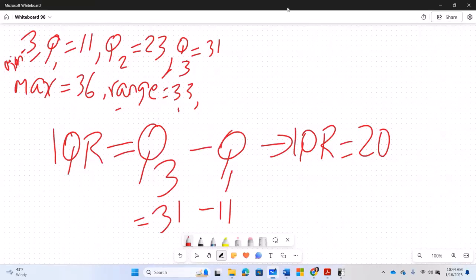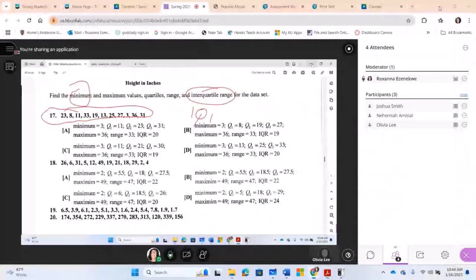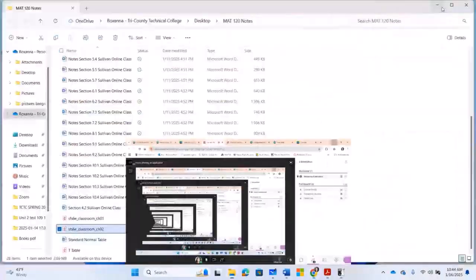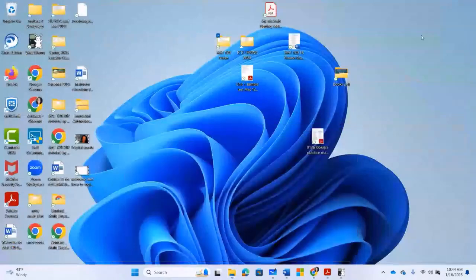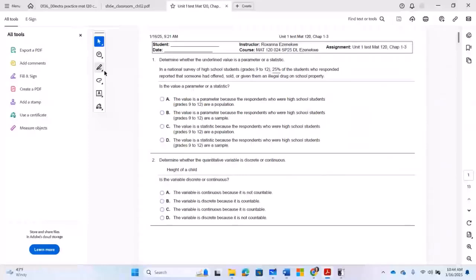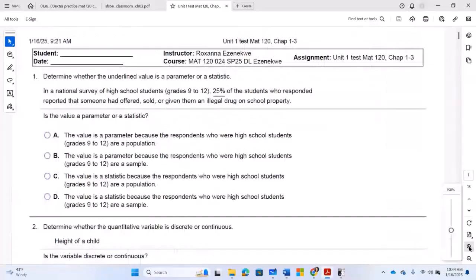By the way, let me pull up a sample test, which I put in Blackboard this morning so you can see it. It doesn't mean that this is your test, but this is the sample test, the one that I gave the online class last semester.